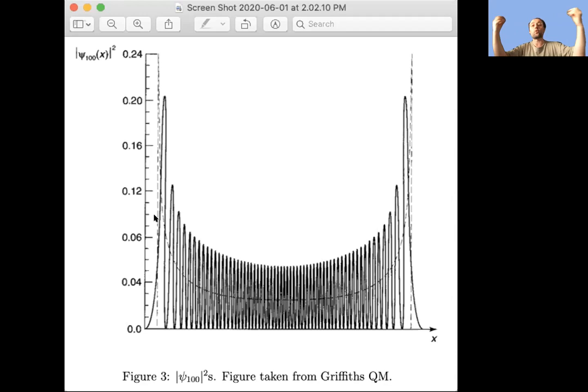So it spends more time near turning points, and it zips by really quickly through the equilibrium position. That's why the probability is a little bit lower there. And so again, we see the inkling that we recover some kind of classical behavior in a highly excited state.